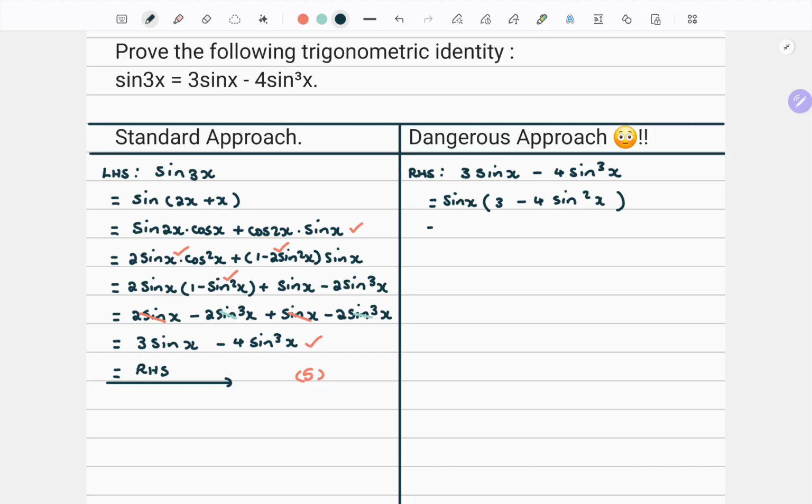This is the same as sine x into, we can see that 3 is basically 2 plus 1, minus 2 times 2 sine squared x. So we know this is the case.